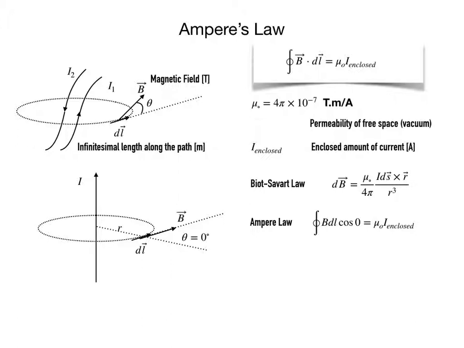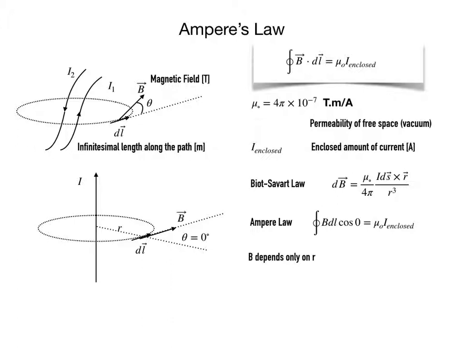The left-hand side, where the dot product is, simplifies very quickly, because instead of doing B dot dl, I can just work with the magnitude of the vectors B and dl, and cosine of the angle between the two will be cosine of 0, which is 1. Also, we know something about the magnetic field of a straight wire carrying a current I. We know that field cannot depend on anything but the distance, how far you are from the wire.